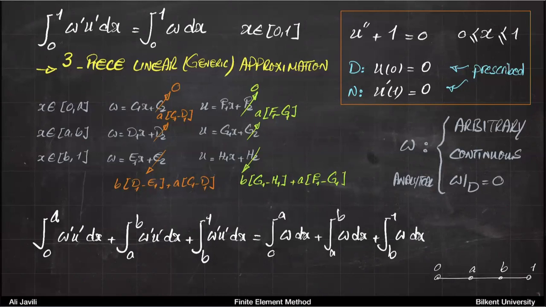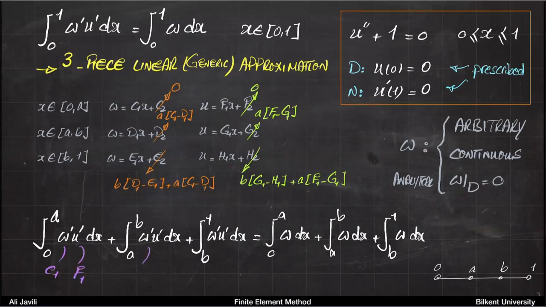All right. Now, it shouldn't be too complicated to calculate this. As you can see from the functions above, I'm going to write those things. W prime in the first region, from 0 to a, is just C1, and U prime is F1.